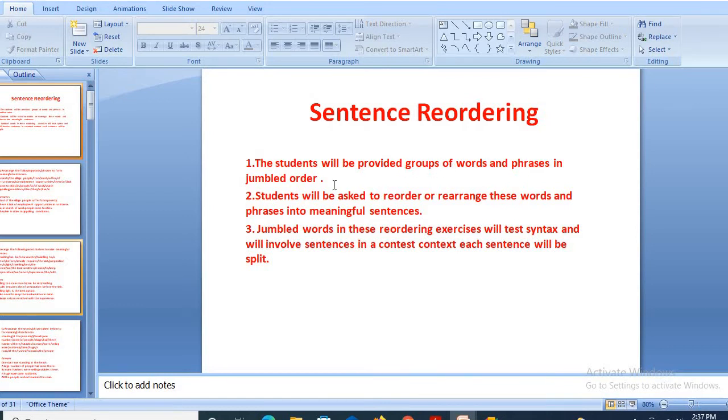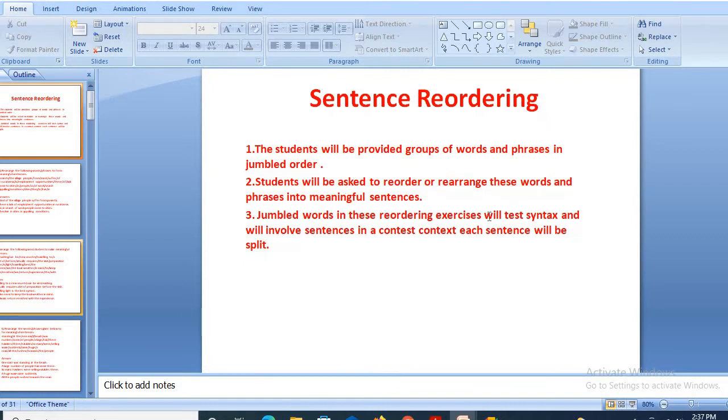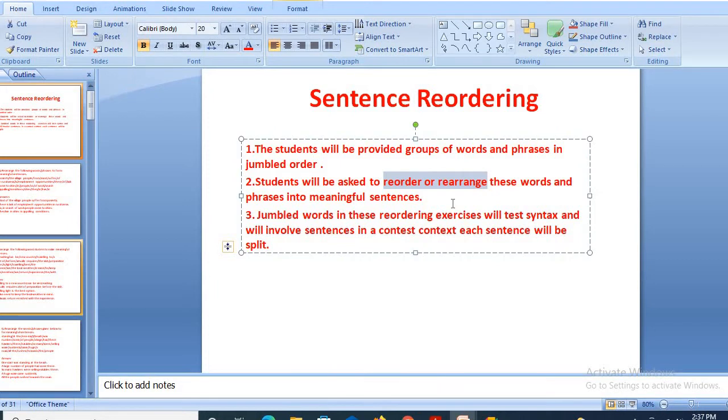That means it won't be in a proper sequence. You have to form it in a proper sequence. That's something very important. Students will be asked to reorder or rearrange these words and phrases into meaningful sentences. You have to reorder it, you have to rearrange it into meaningful sentences.